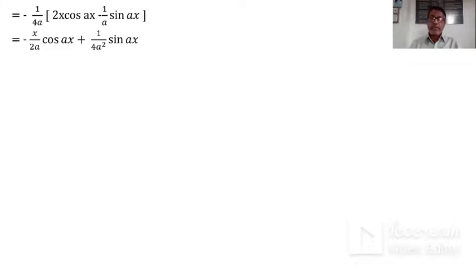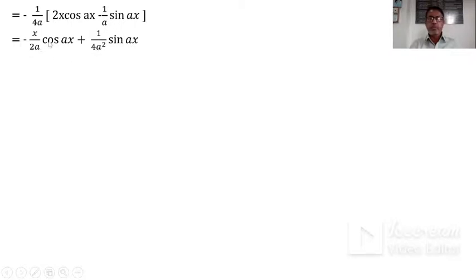Why I explain here: the complementary function of this differential equation contains this term, 1 upon 4a square sin ax. Means we have considered c2 sin ax. Means this term is absorbed in the complementary function. This is a constant, therefore this term is absorbed in the complementary function.